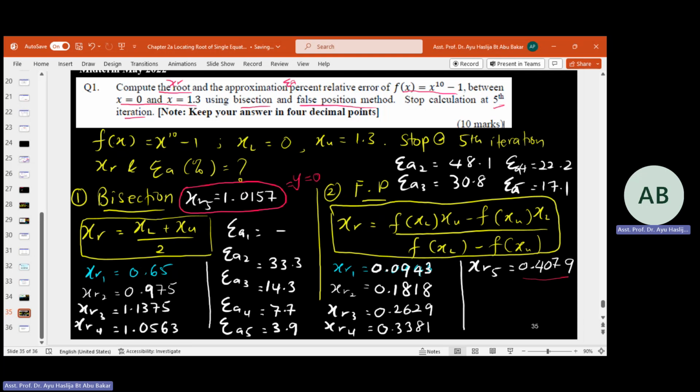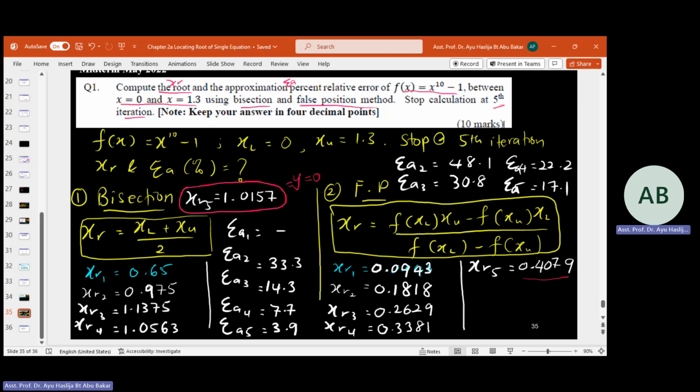False position, minus 0.9. Okay, so it crossed the x-axis already.